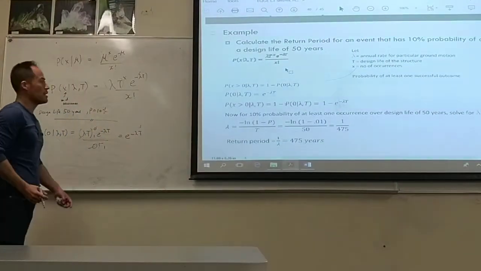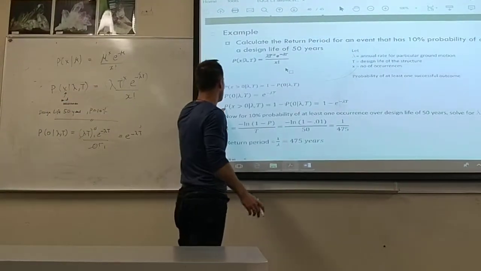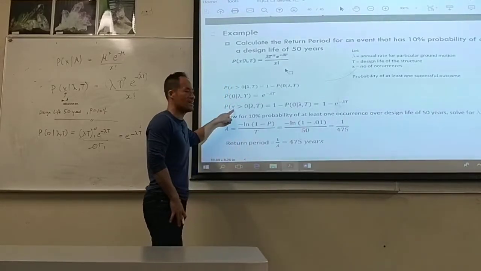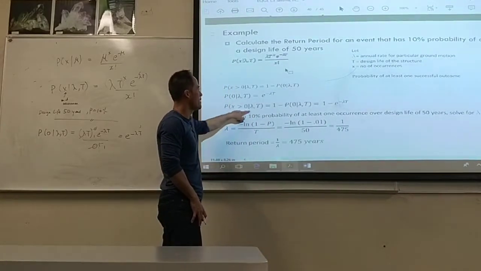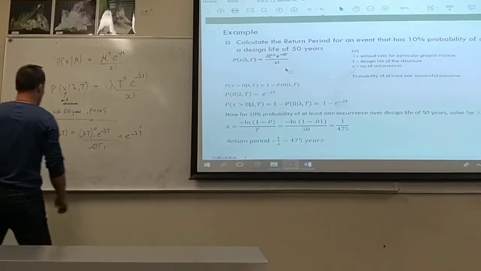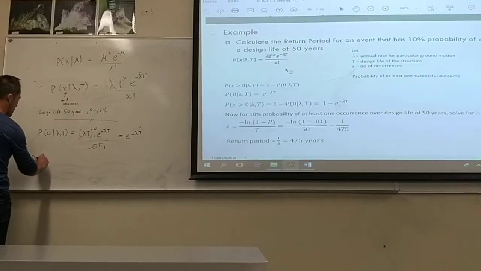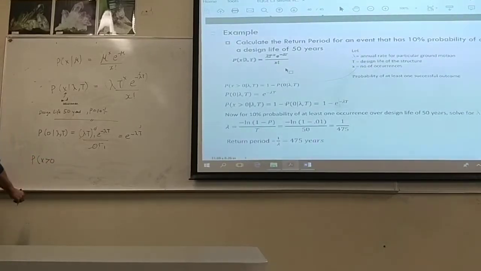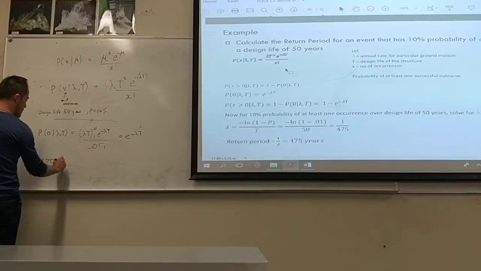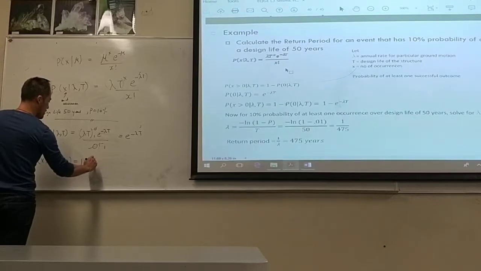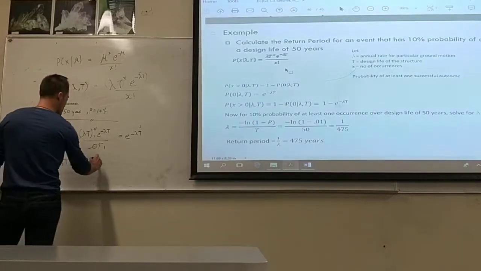Okay. And then that formula there, probability of at least one successful outcome, the equation then becomes this. X greater than 0, so at least one outcome equals 1 minus the probability of 0 outcomes.